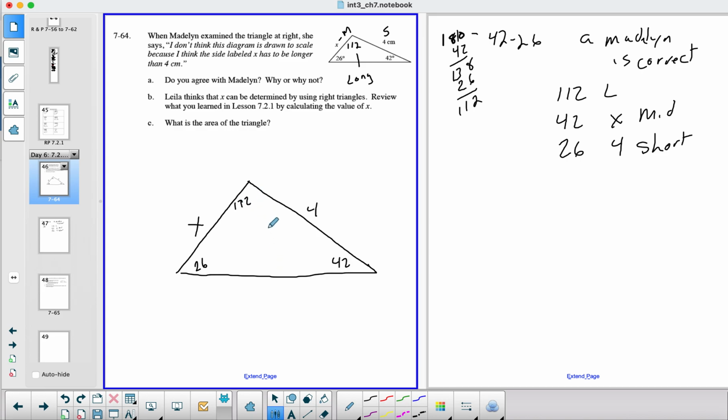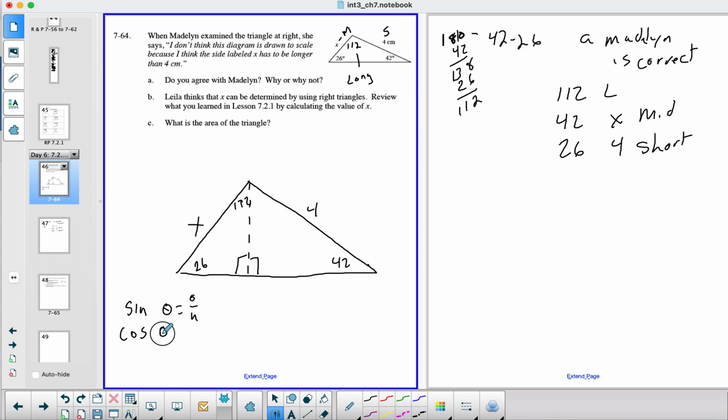Last time we don't have a right triangle, so we have to draw a line down the middle, and we're making 2 right triangles. We're going to go back to that first page and pick one of these functions. Sine of our angle equals opposite over hypotenuse.